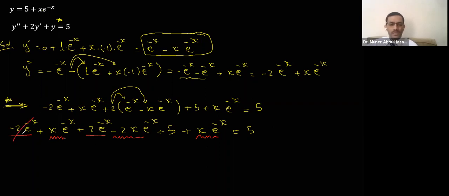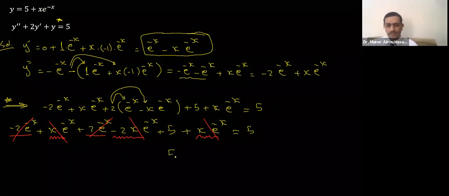So now this cancels out with this, and this with this. The rest now, I have only 5. I have 5 equal 5. 5 equal 5 is right. So this function is a solution for this differential equation. What do you think? Do you find it clear? Do you have any question?